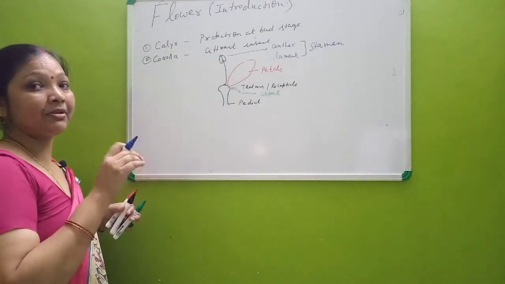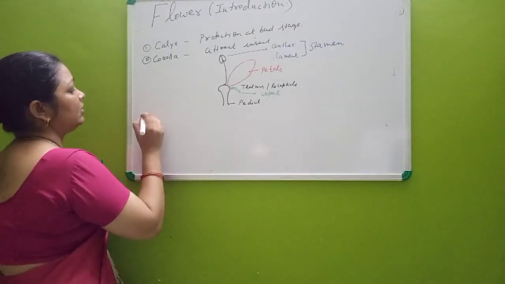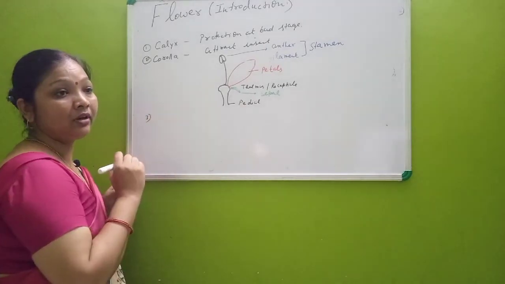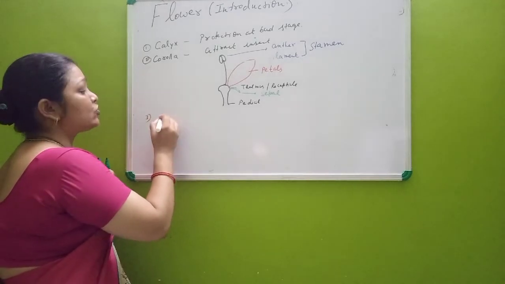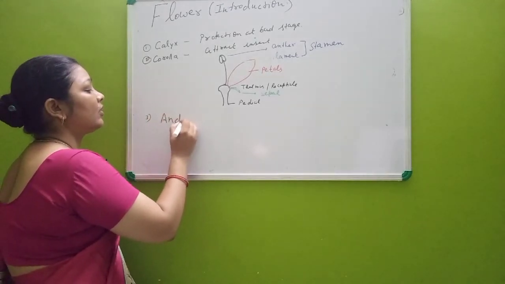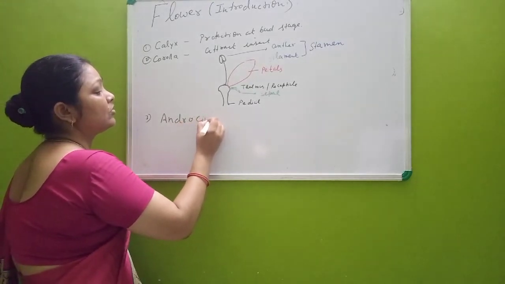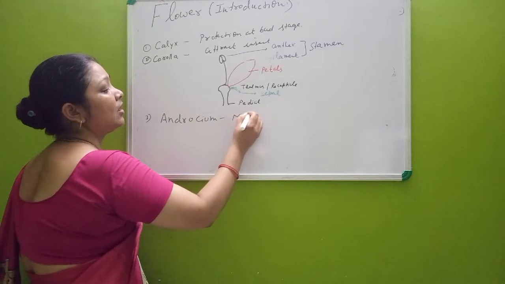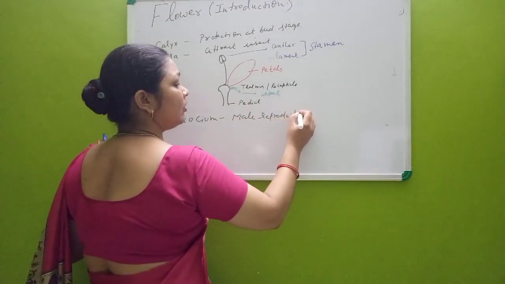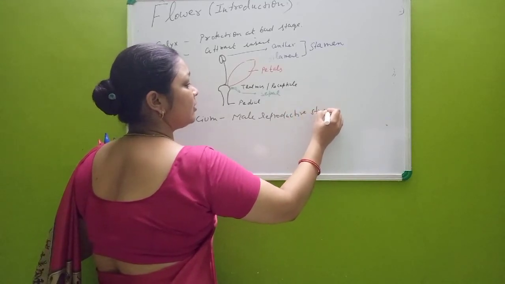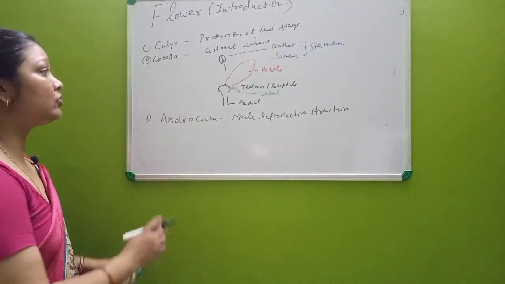All the stamens present represent the male reproductive structure, the third whorl, which is called the androecium.